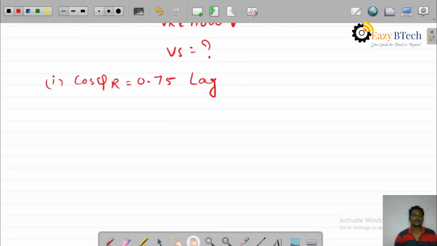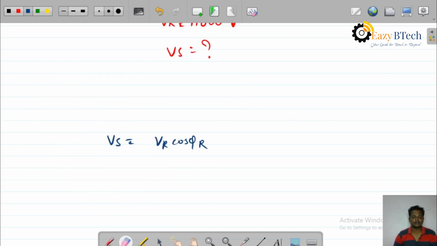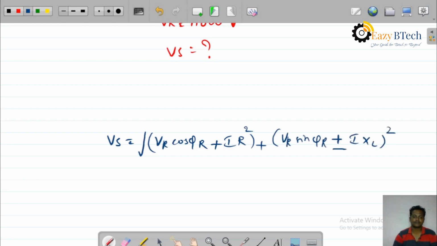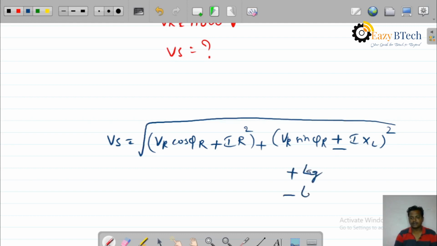The universal formula for Vs equals the square root of (VR cos phi r plus I into R) whole square plus (VR sin phi r plus or minus I into XL) whole square, where positive is for lagging power factor and minus for leading power factor. We have to remember: positive for lagging, negative for leading.